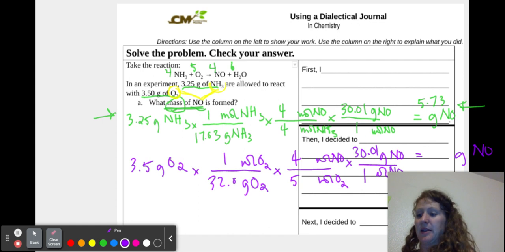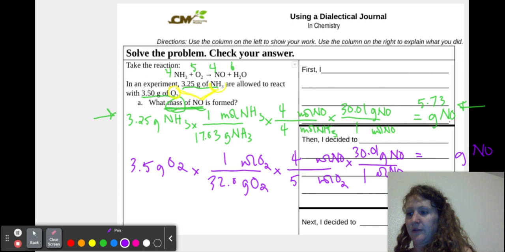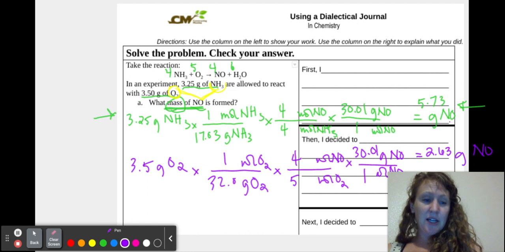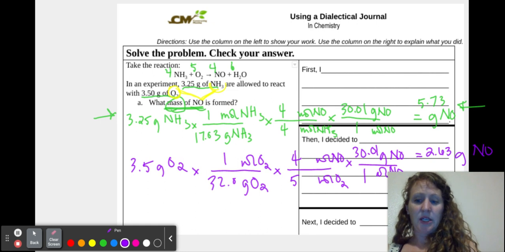Okay, let's do this math and see how it comes out. 3.5 times 1 times 4 times 30.01 divided by 32, also divided by 5, also divided by 1. And I get 2.63 grams of NO. Okay, again, let's pause here and think about what our answer means.